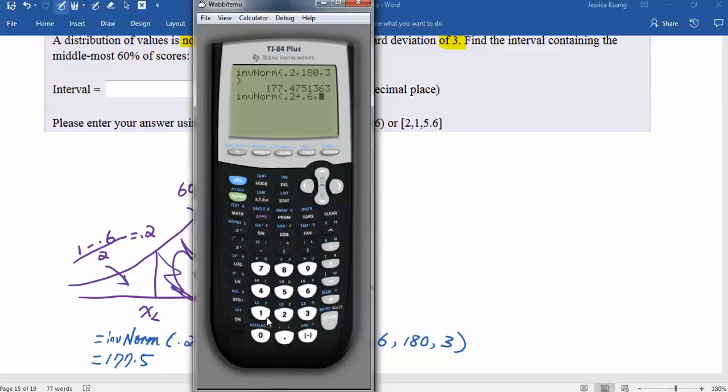Close the parenthesis, 180, comma. Oh, did I say close the parenthesis? I meant comma, 180, another comma, 3. Now we can close the parenthesis. And my answer is 182.5.